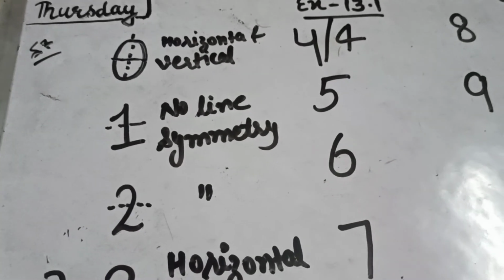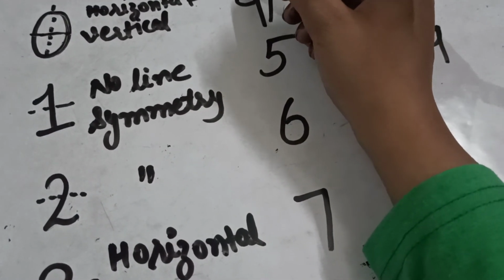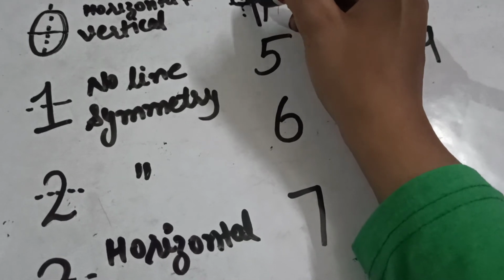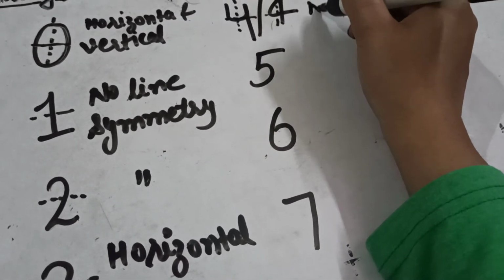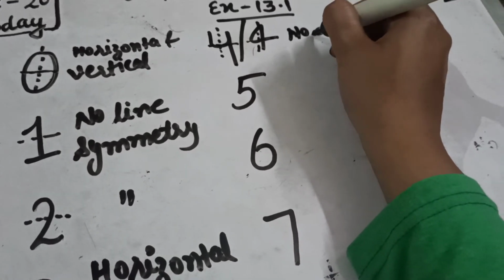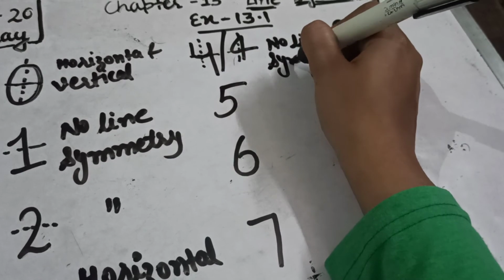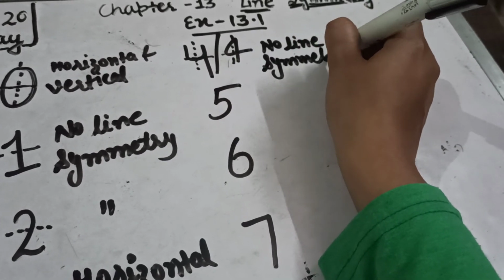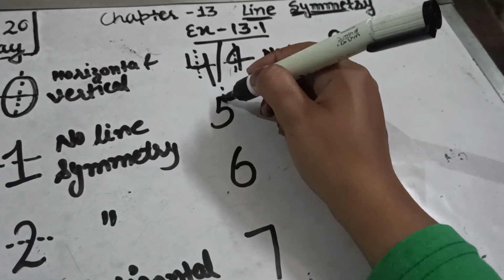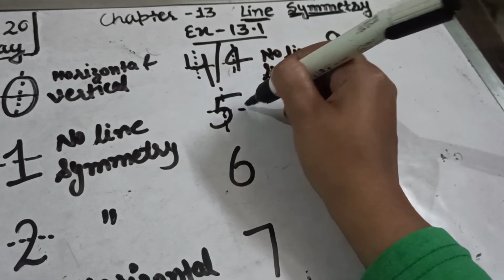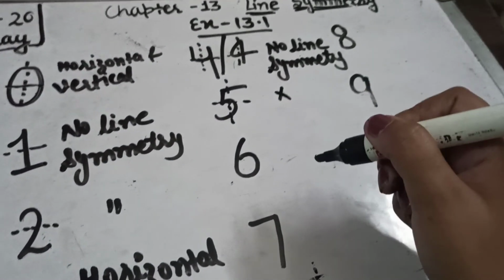Next is 4. Look, in 4 you check in this figure. No. Here also is there any? So you will write here no line symmetry. What you will write? No line symmetry. Next one for 5. Does it have? No. So it is also the same.